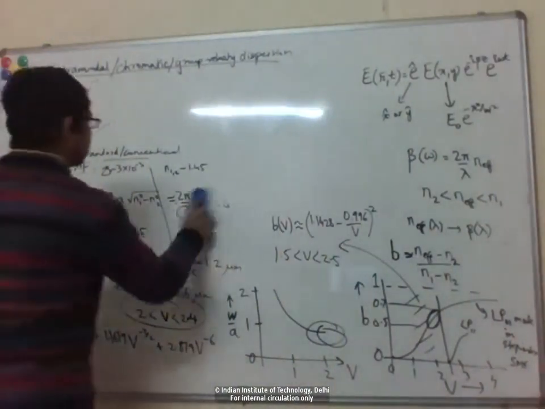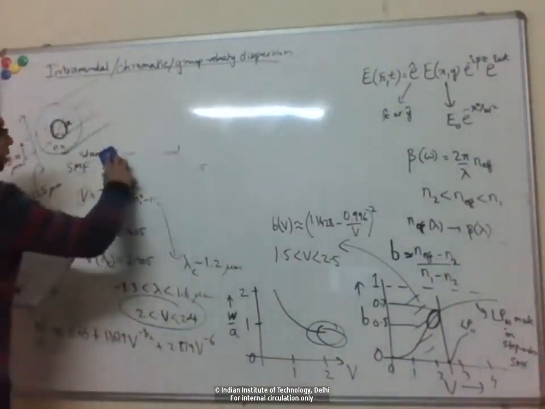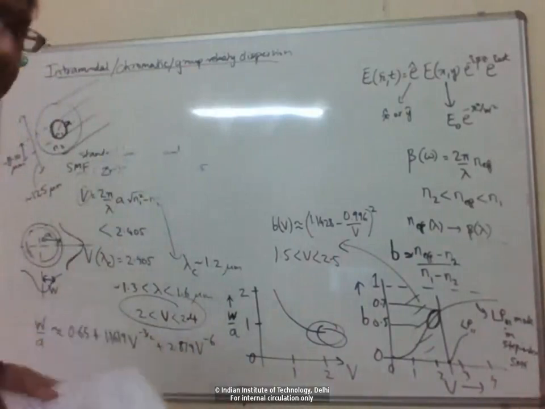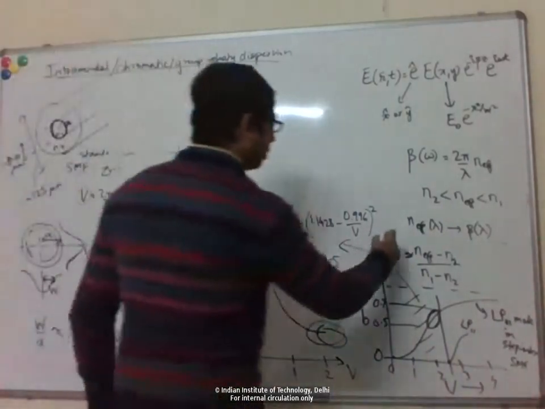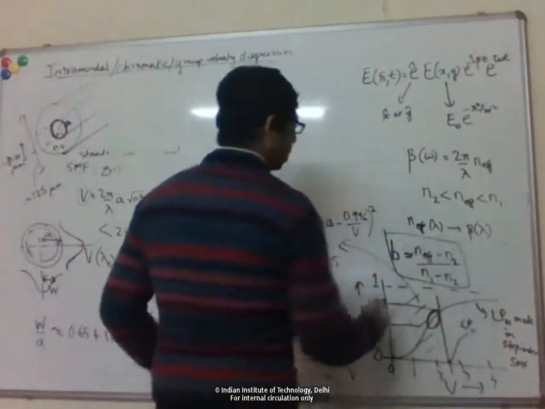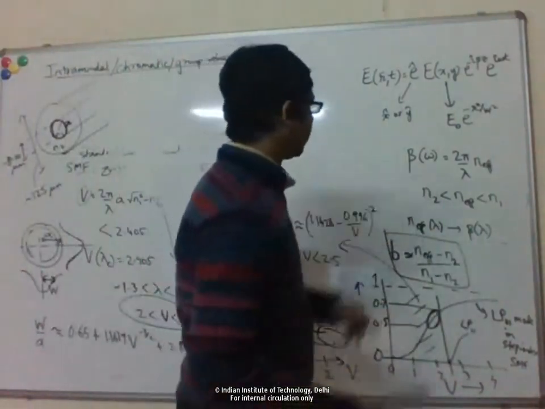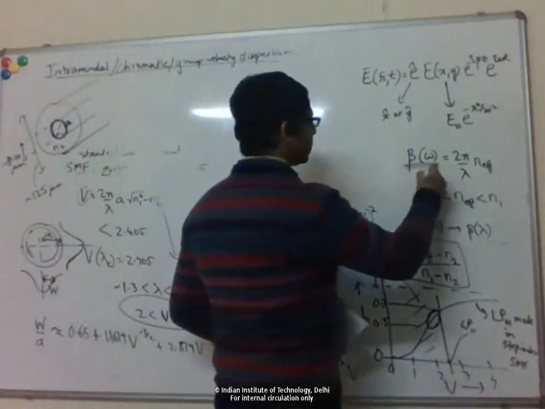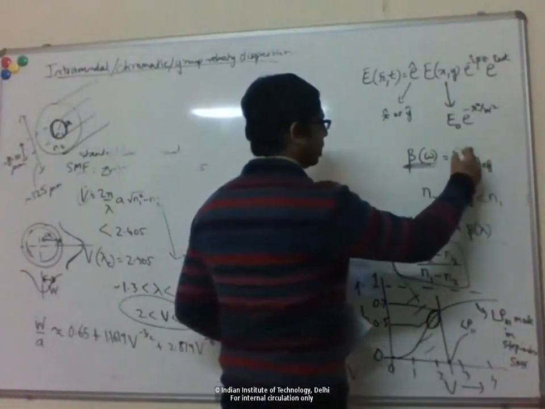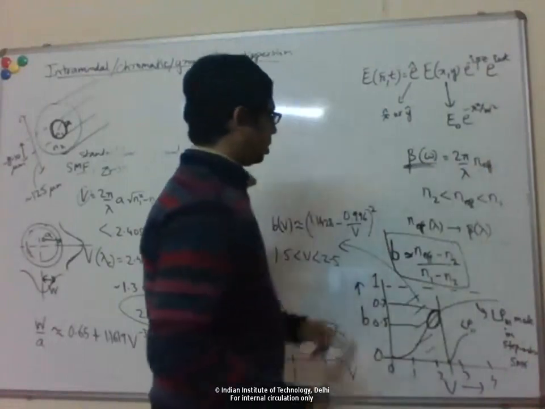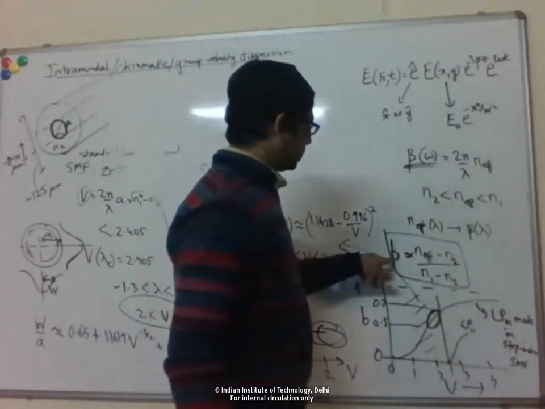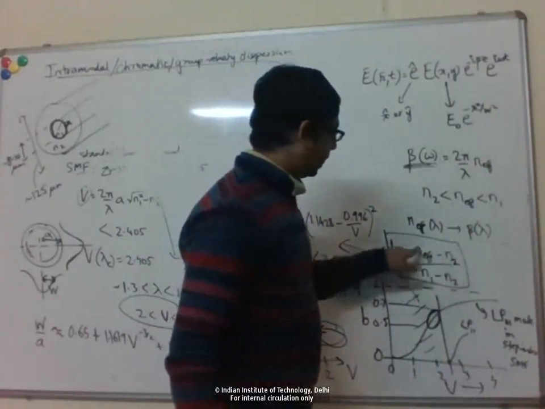Right, so if we look at the group velocity, what is small b? Small b is just a normalized propagation constant. The actual propagation constant is this free space wave number k0 times n effective. This small b is just a normalized way of defining this.